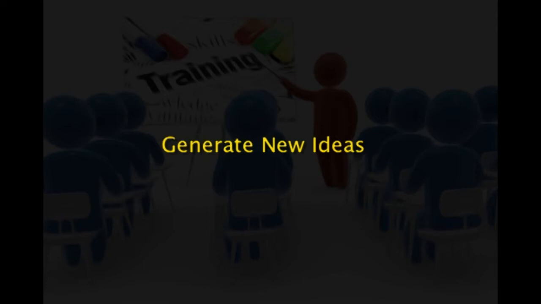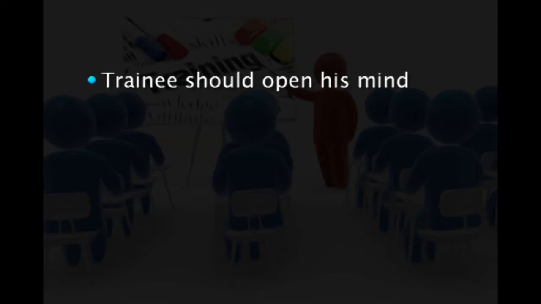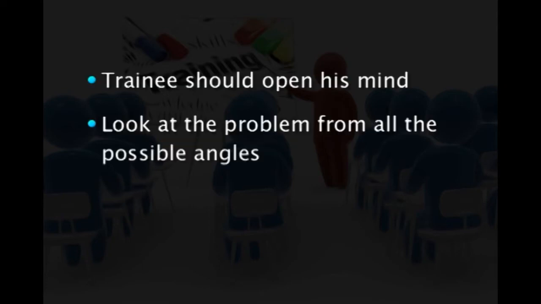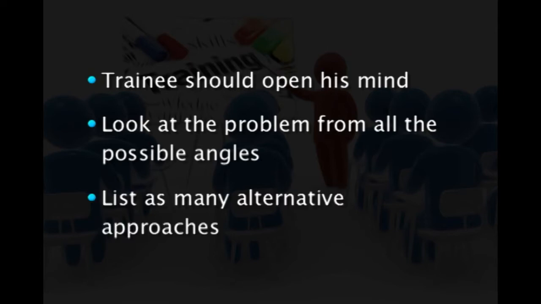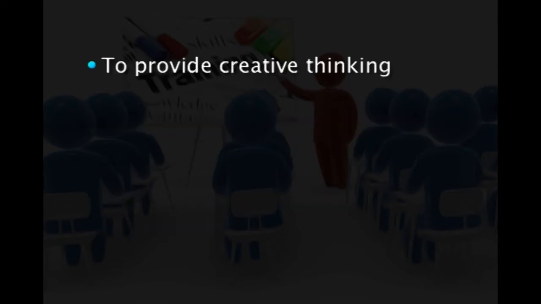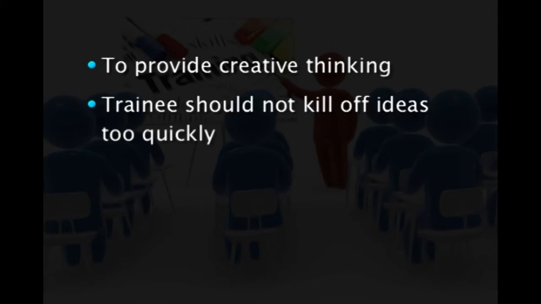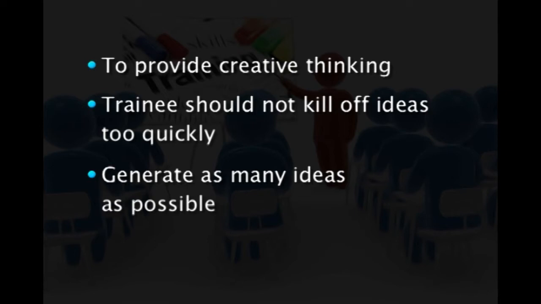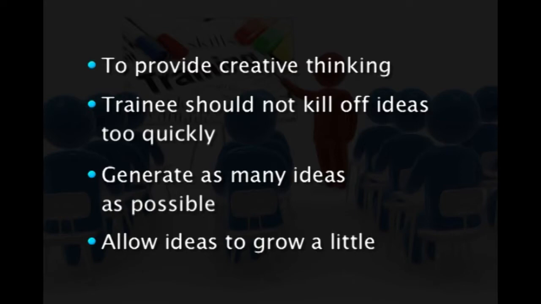Generate new ideas: the trainee should open his mind, look at the problem from all possible angles and list as many alternative approaches as possible. Delaying judgment: to promote creative thinking, trainees should not kill off ideas too quickly. Generate as many ideas as possible and allow ideas to grow a little.